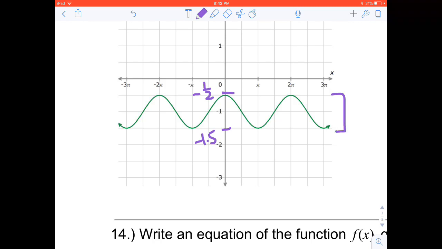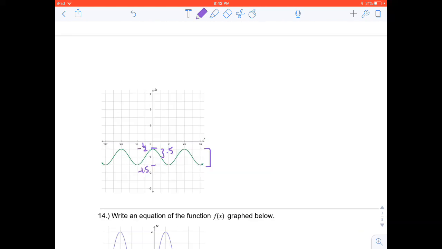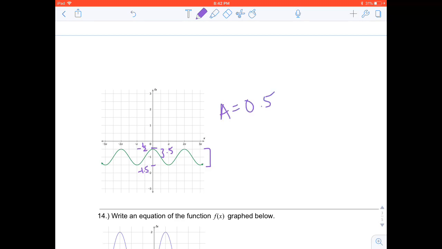So that creates a distance of 1. So half of that means we have an amplitude of 1/2 or of 0.5. So that's what my amplitude will be in this case. A is equal to 0.5.